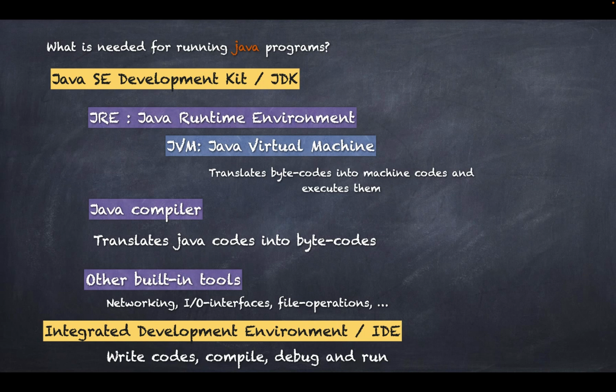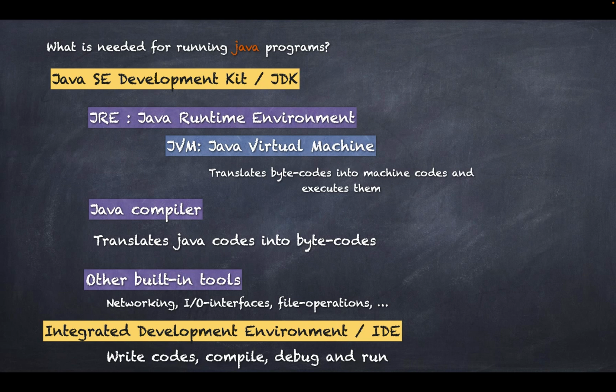You get everything you need to run the code. You need a text editor, you need a compiler, you need a debugger to debug your code, and you also need a runner functionality to run your code. So you get all in one, and an IDE is the best option to get all of them in one package.